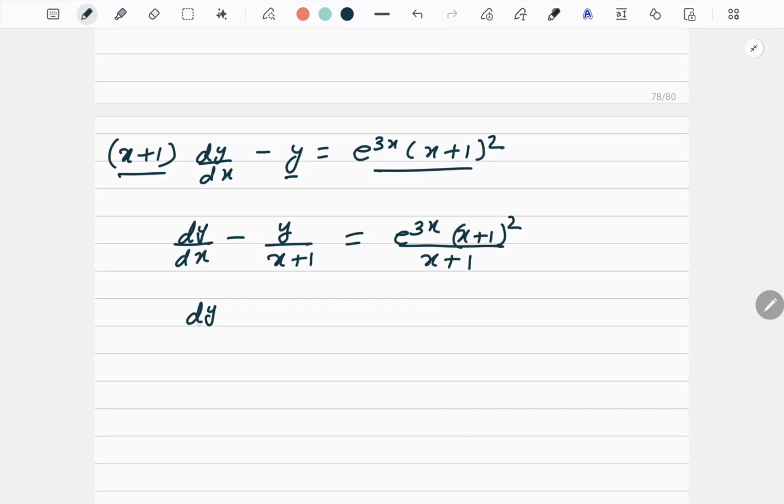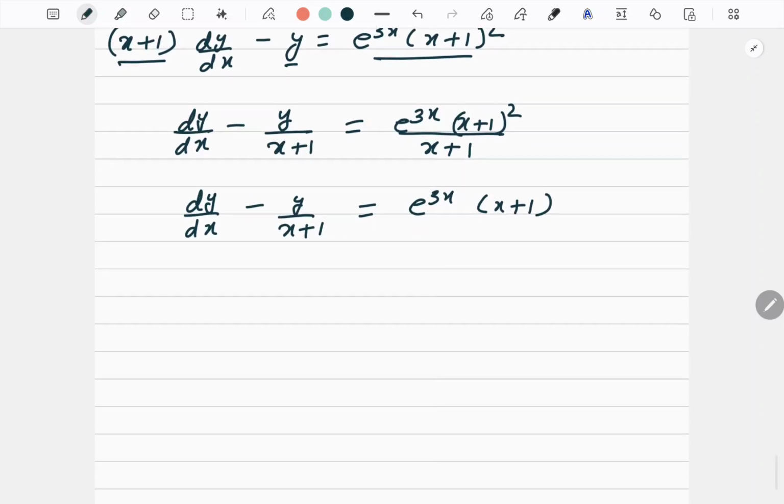So dy by dx minus y upon x plus 1 is equal to e to the power 3x times x plus 1. Right? Now, what is p? P is equal to minus 1 upon x plus 1. What is q? q is e to the power 3x times x plus 1.